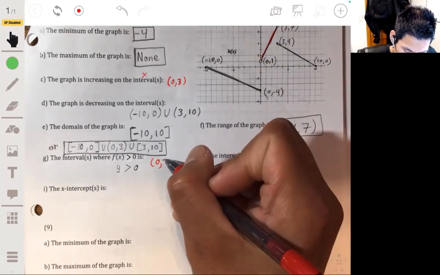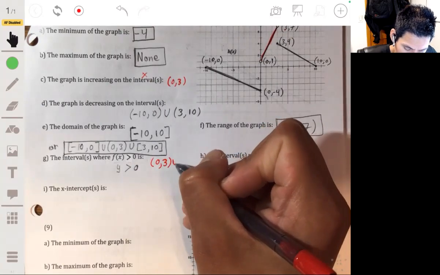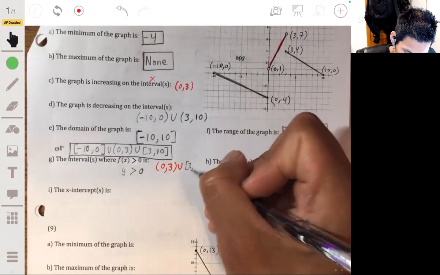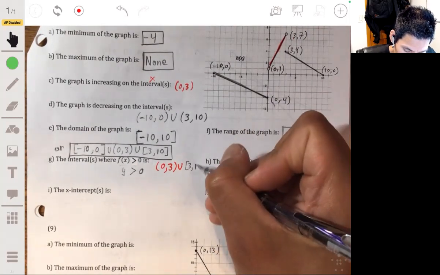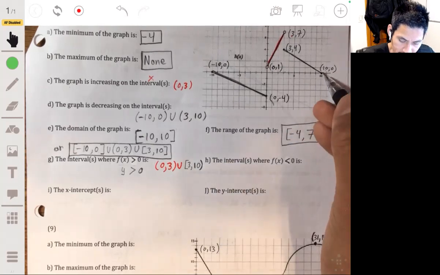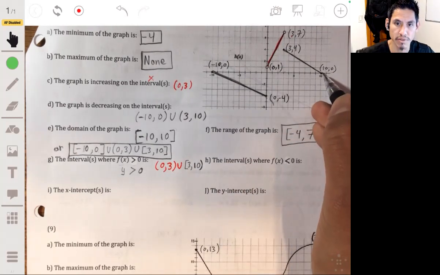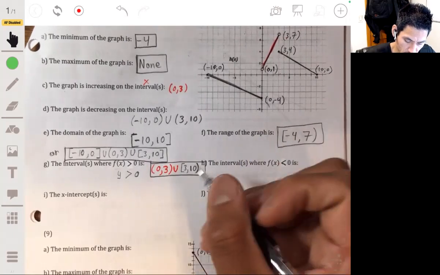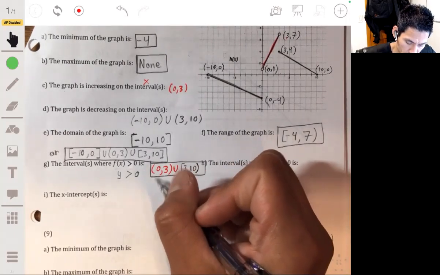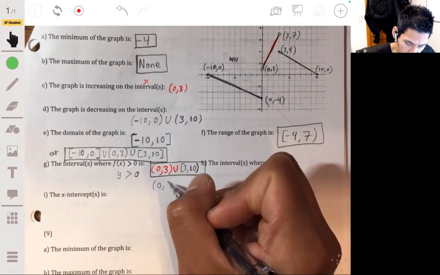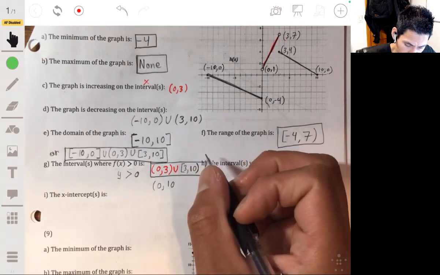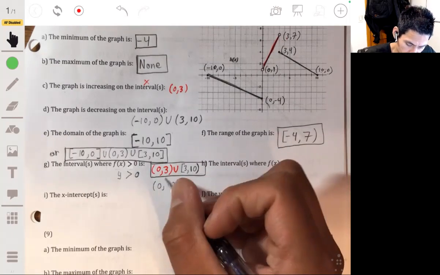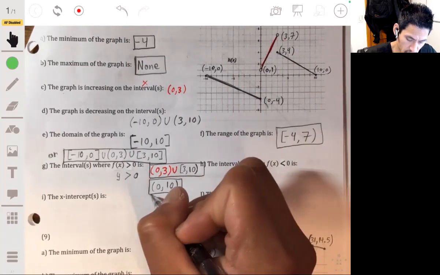So again, we could go 0 to 3 in parentheses, union, and then 3, comma 10, but put the 10 in parentheses because at 10, it's equal to 0. It's not more than 0, it's equal to 0. So you can write it like this, or you can just write 0, comma 10, where they're both in parentheses. Either way is fine.